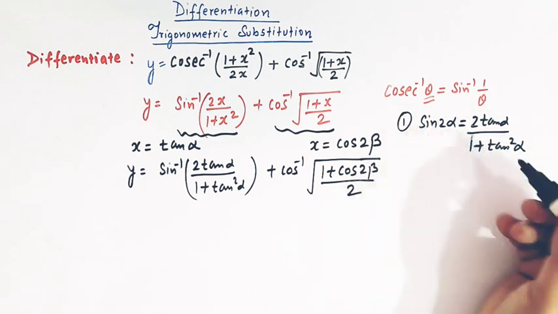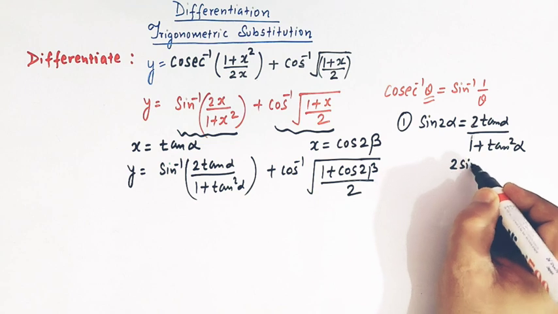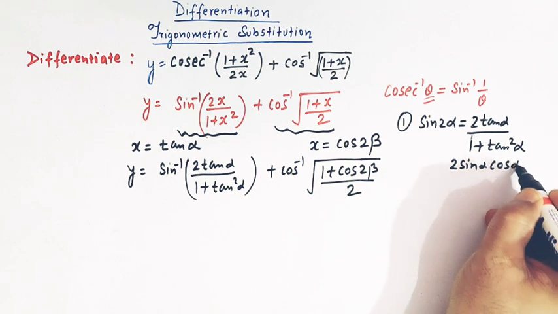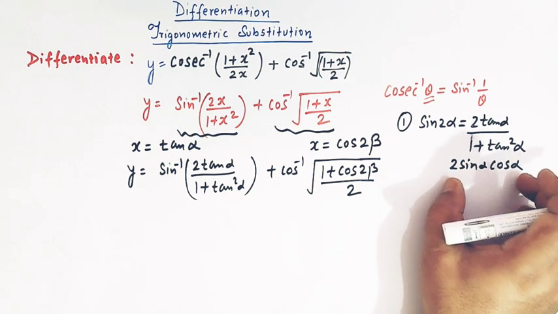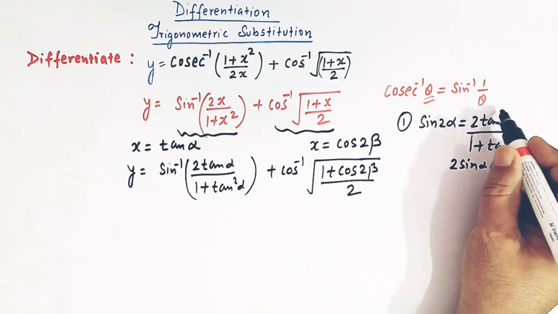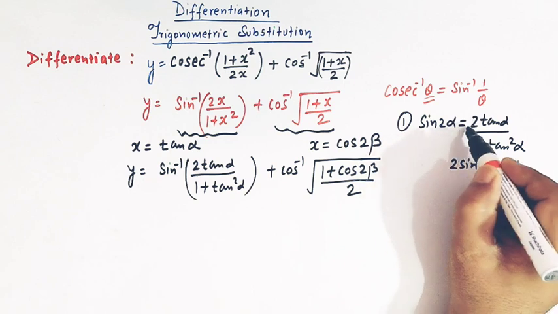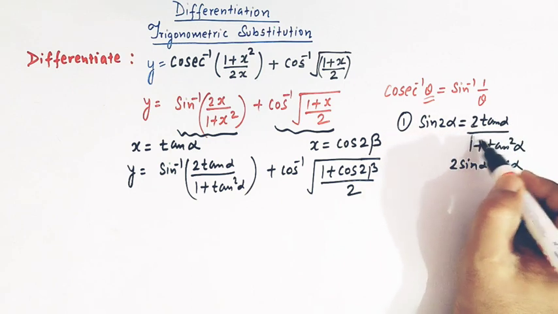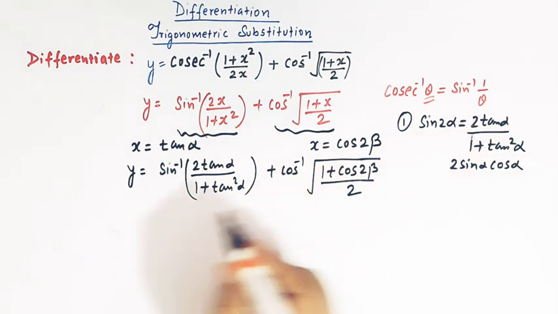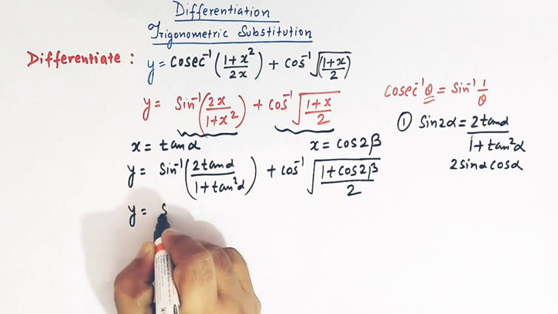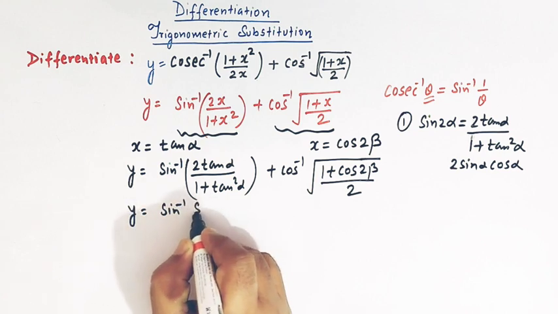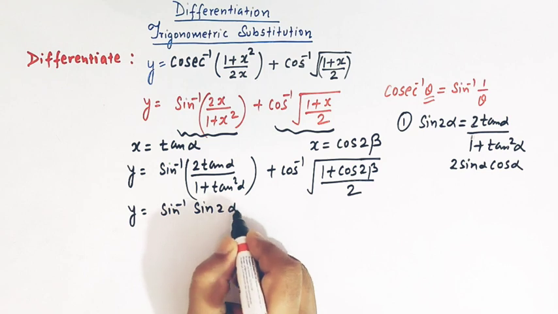Sine 2 alpha is 2 sine alpha cos alpha, right? So this result can be expressed in terms of tan alpha alone. So sine 2 alpha can be written as 2 tan alpha over 1 plus tan square alpha. So here we can now write sine inverse of sine 2 alpha, right?